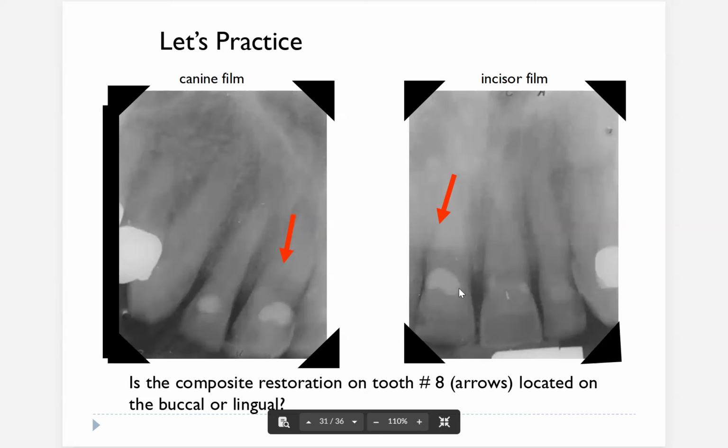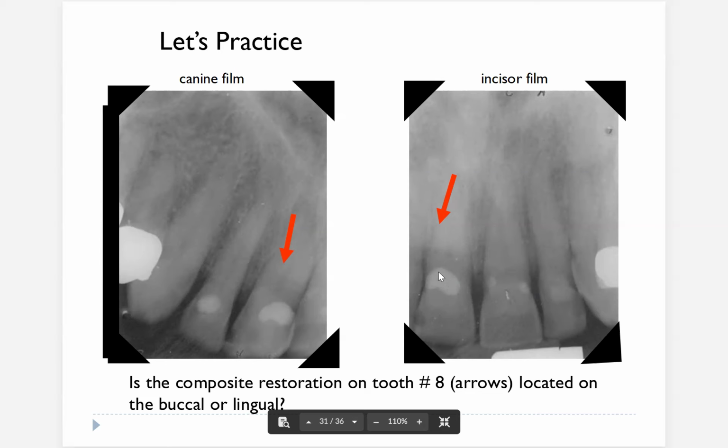But we have this composite, and we're trying to figure out from this more straight-on view what happens with the composite. So when we look at this, we can see the tilting of the roots. We can say, well, the roots are all tilting this way.